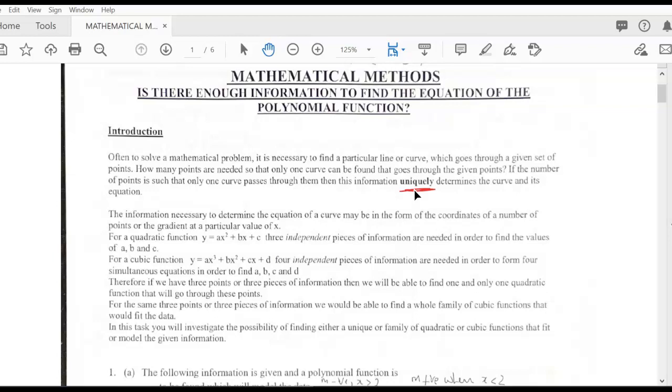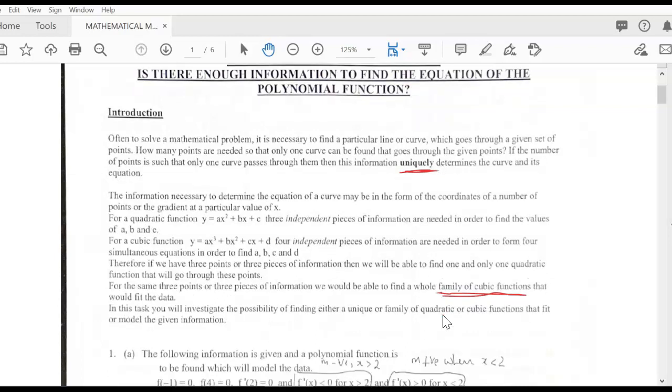We would have one value left that we don't know, and that's why it's called a family of cubic functions. So in this task, we'll investigate the possibility of finding either a unique function or a family of quadratic or cubic functions that fit or model the given information.